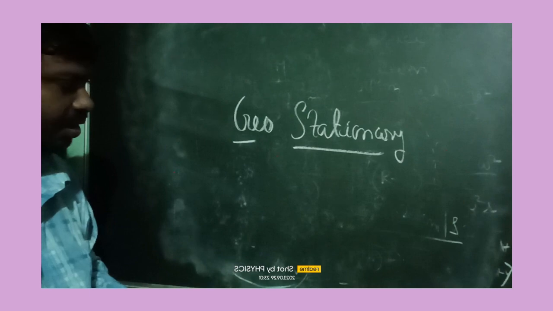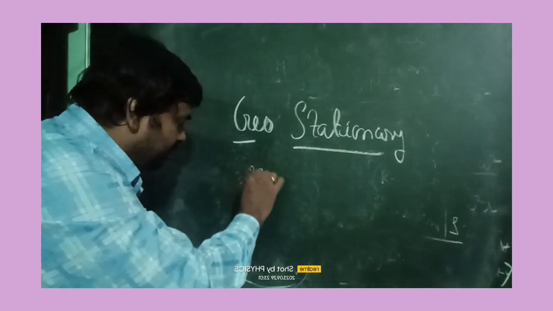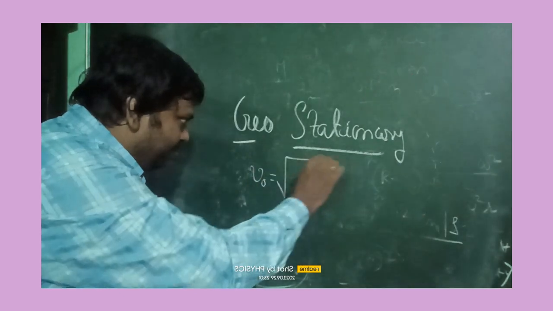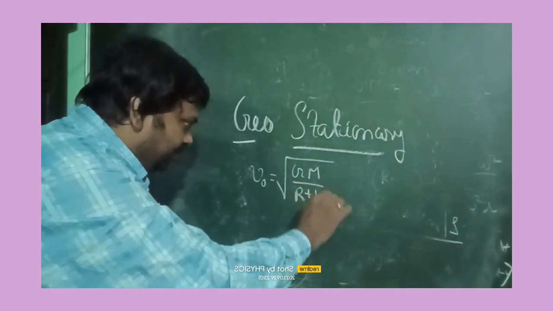Now we have the orbital velocity expression: V0 is equal to under root GM by (R plus h).